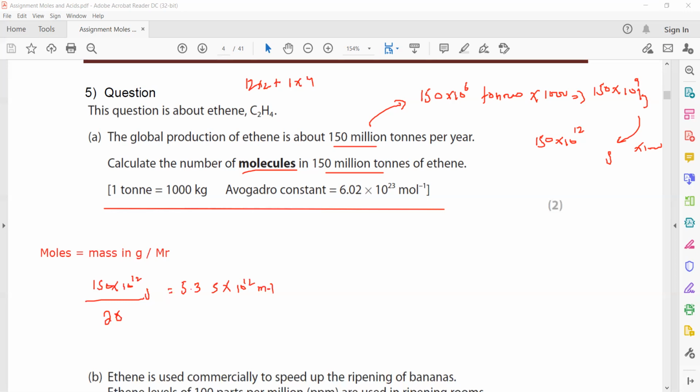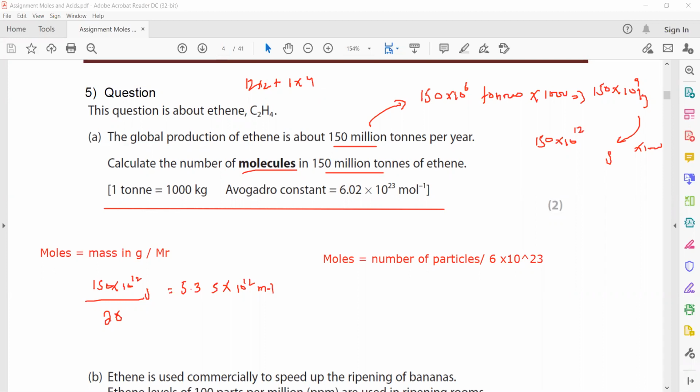We know the formula which relates the moles and the number of particles. So moles equal number of particles, which can be atoms, molecules or ions, divided by Avogadro's number, which is 6 times 10 to the power 23. So we have the moles, we need the number of particles.